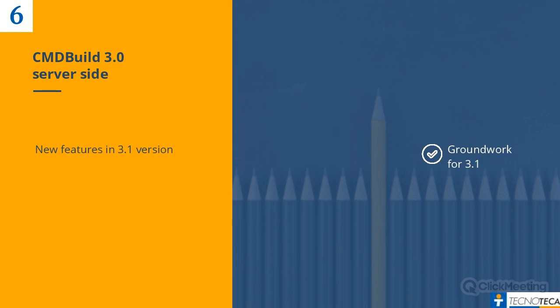The 3.1 version will include some nice features such as push real-time notifications and a time machine slider, which will let you explore previous system data, so go back to a specific configuration of the system back in time. It will also feature an improved service for the management console, as well as a new system for the configuration and administration tools. This is the groundwork for the 3.1 version.